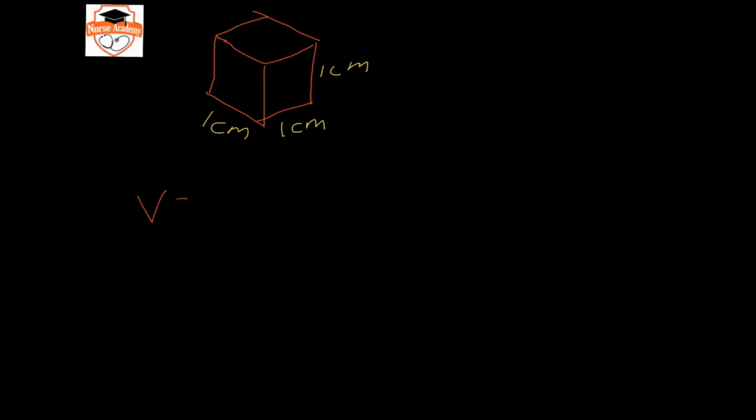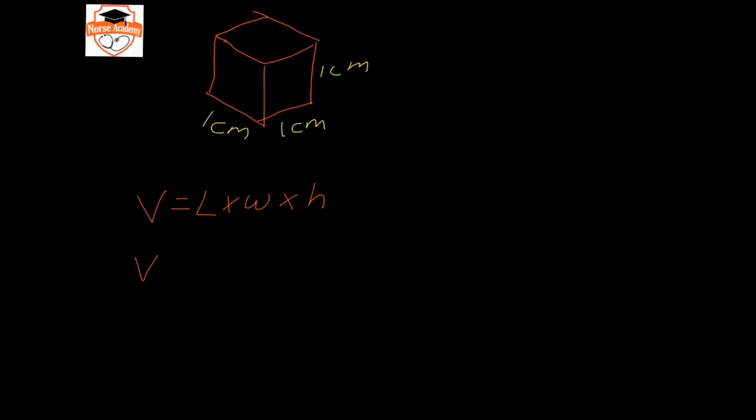There's also a relationship between distance and volume. For instance, let's assume that we have a cube. This cube is 1 centimeter long, 1 centimeter wide, and 1 centimeter tall. If we went back to our early math classes, we would learn that the volume of that cube is the length times the width times the height.